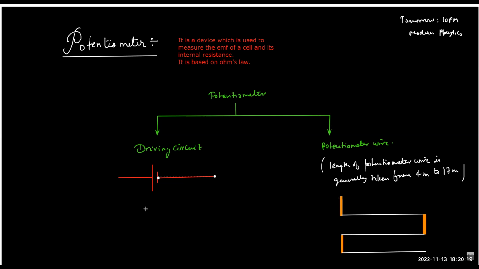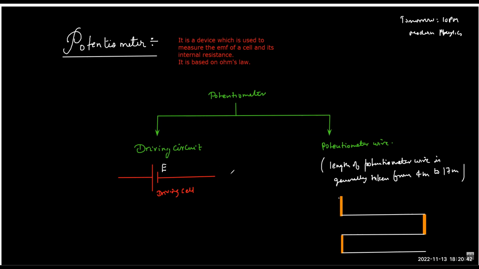So generally driving circuit will have a driving cell. And the EMF of this driving cell is going to be more than, in fact, much more than any of the EMF of the cell to be measured. This is the first thing we need to know.